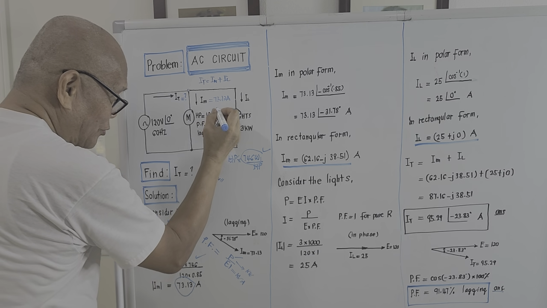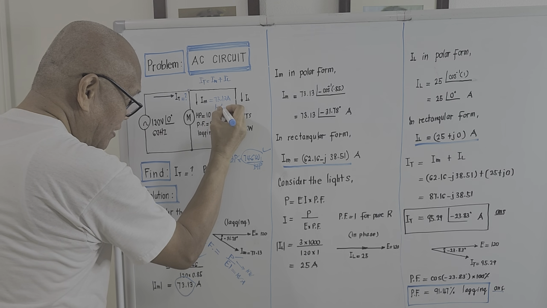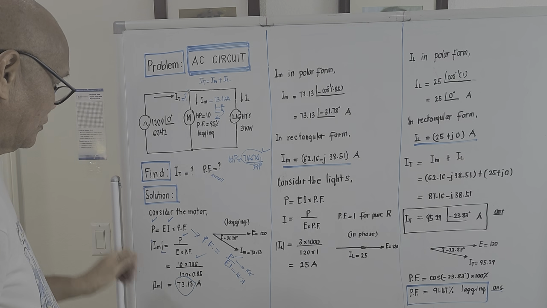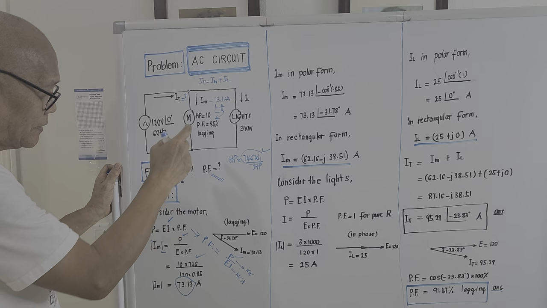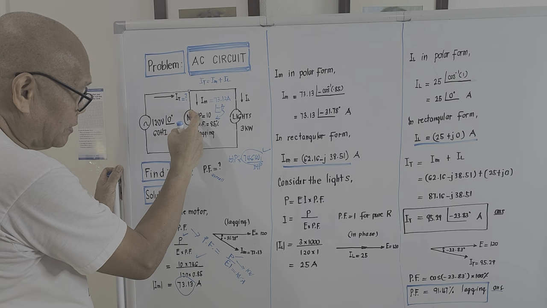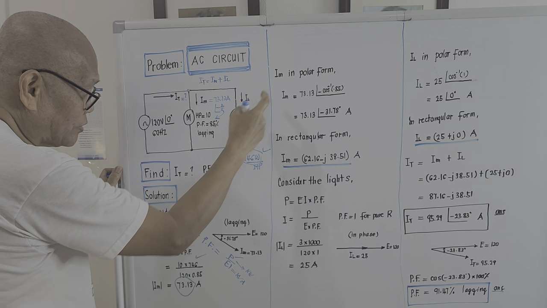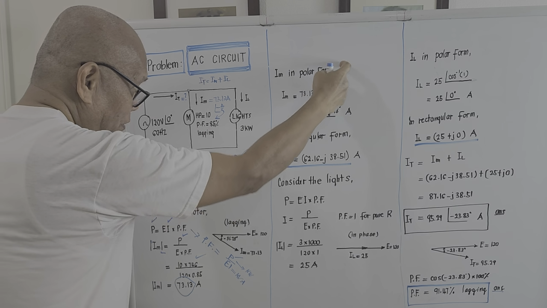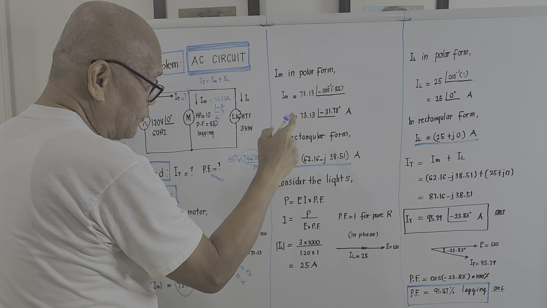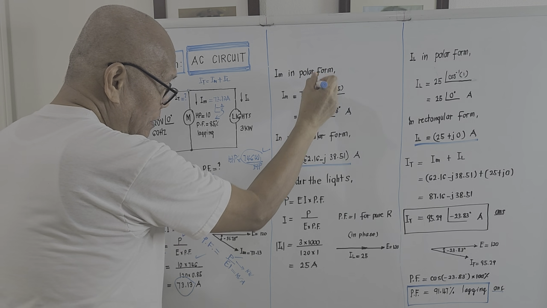But this one here is with a certain angle, minus theta. And this minus theta here is from the power factor. So later on, we will be adding I sub M plus I sub L, which will give us the total current. It's a must that we will convert this I sub M here into polar form first. The motor load current in terms of polar form will be the magnitude, angle.